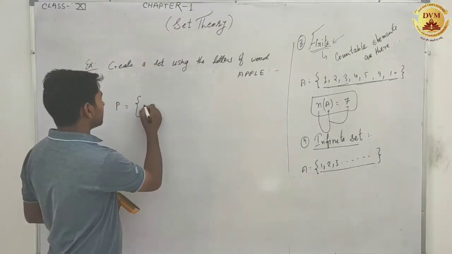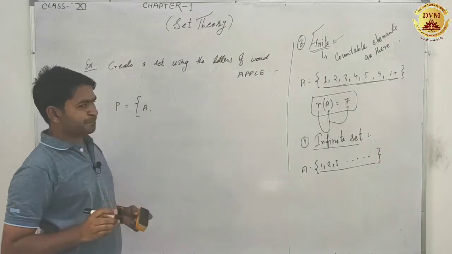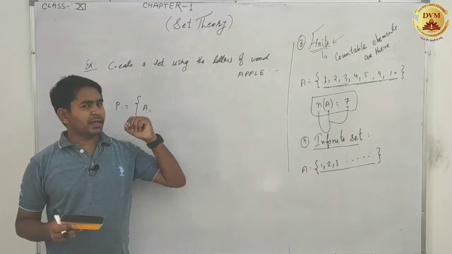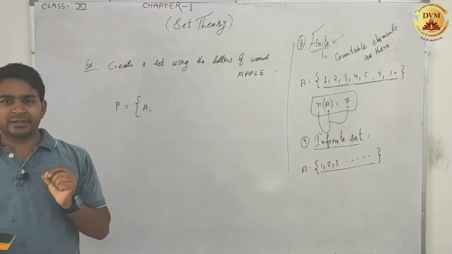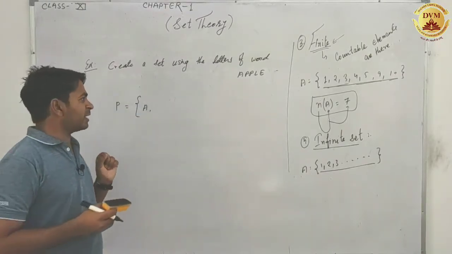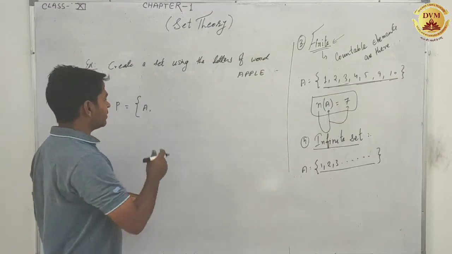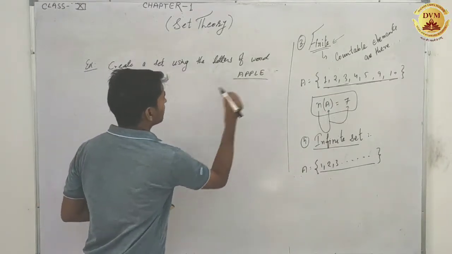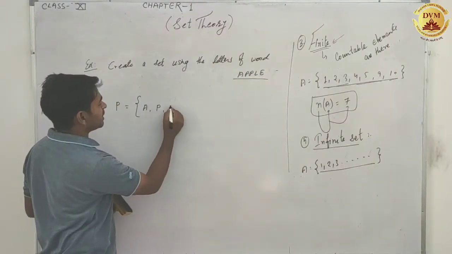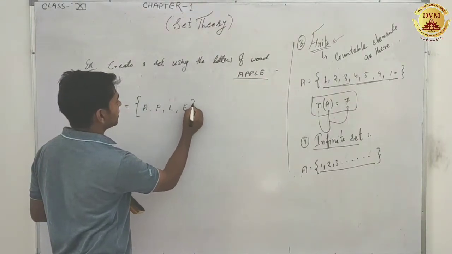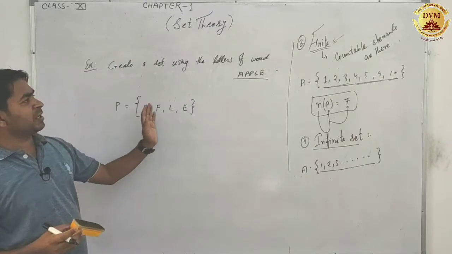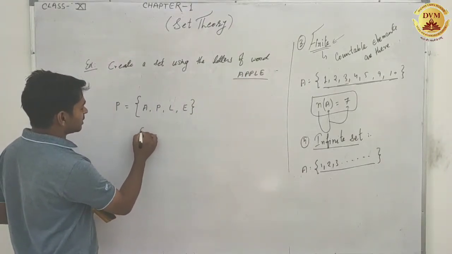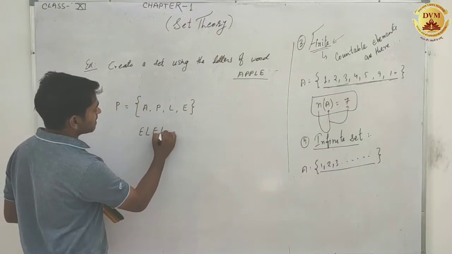And one more thing we have to remember: in a set the elements cannot repeat. We will not repeat any kind of element. So the set using this word is A, P, L and E. Another example is elephant.